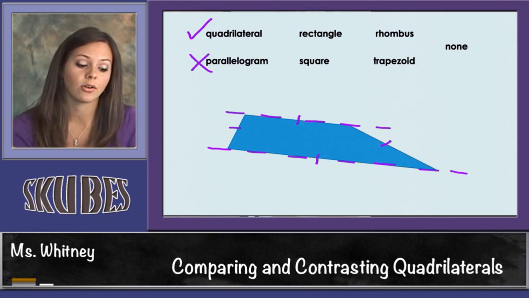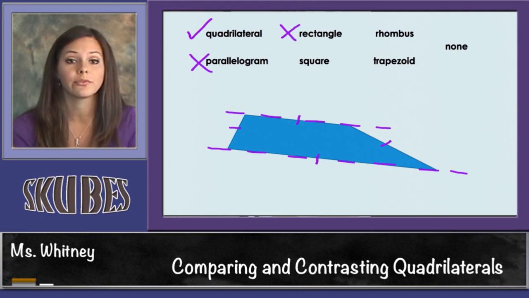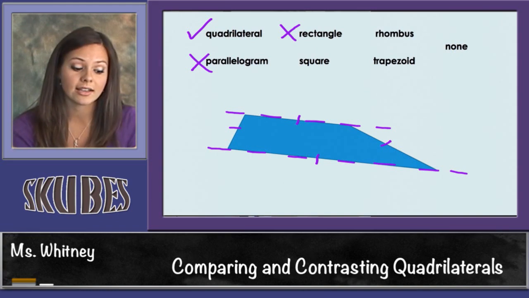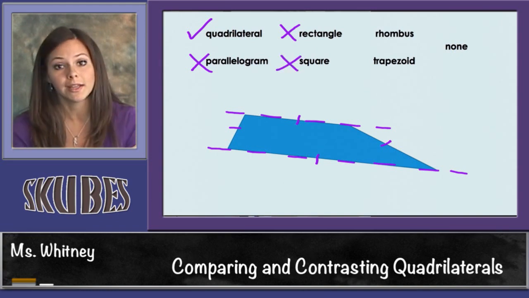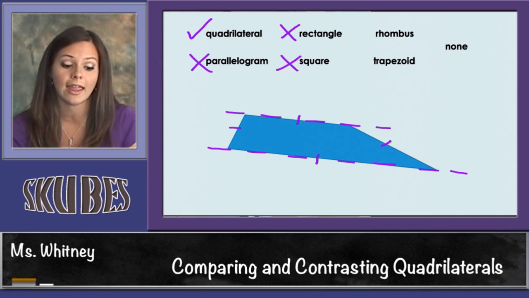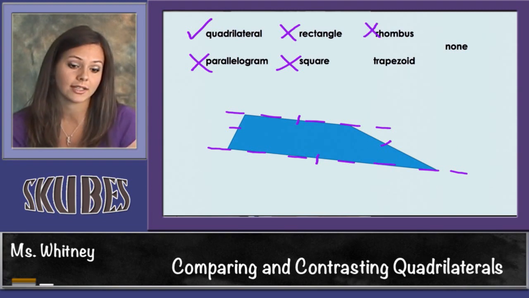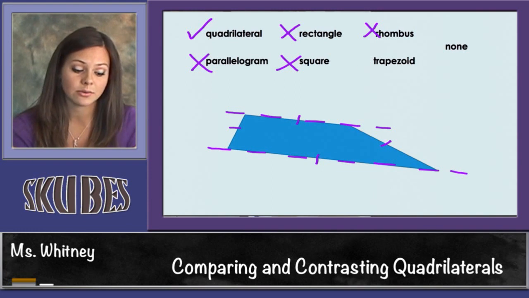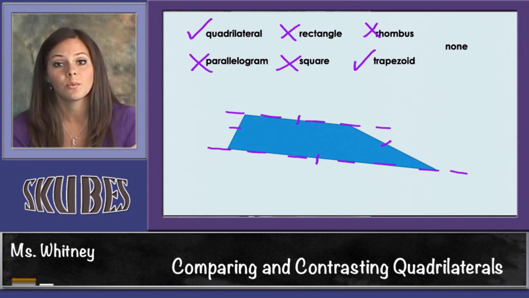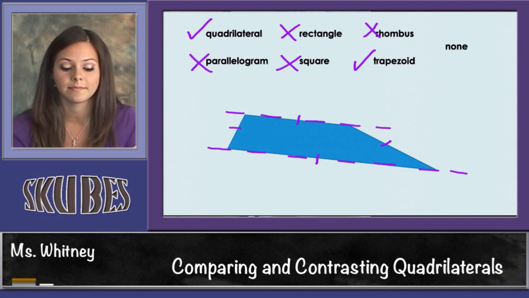It is not a rectangle because it does not have 4 right angles. It is not a square because the sides are not congruent and it does not have 4 right angles. It is not a rhombus because all the sides are not congruent. This shape is a trapezoid because it has exactly 1 set of parallel sides.